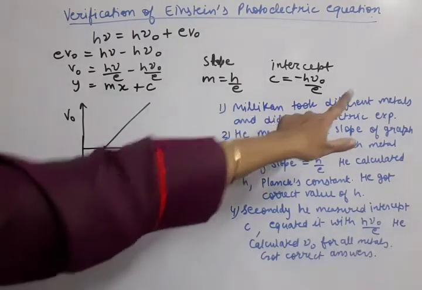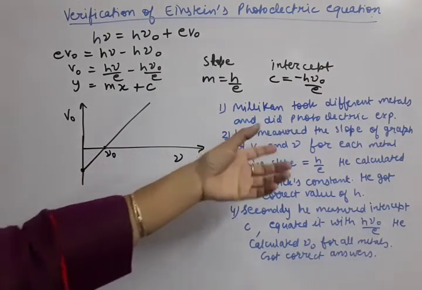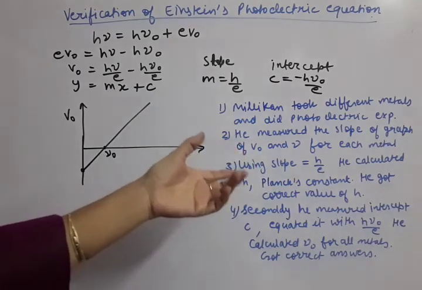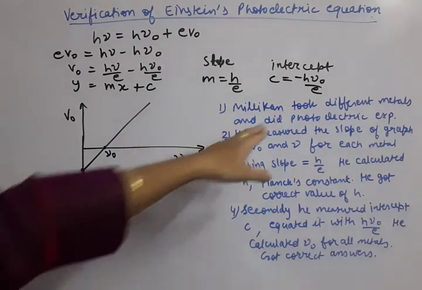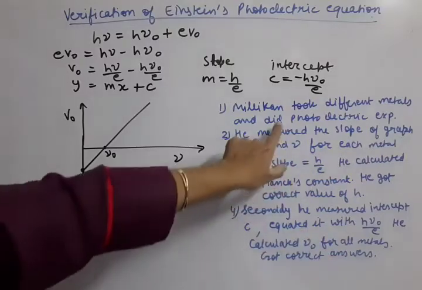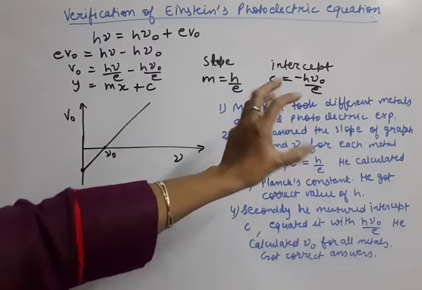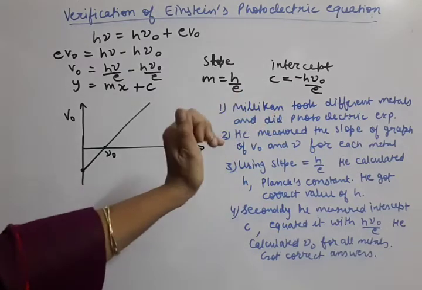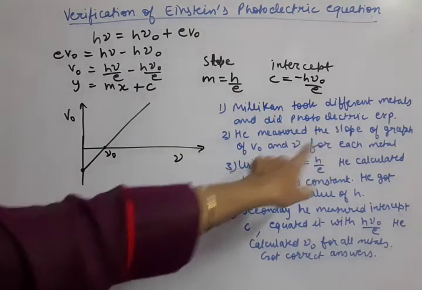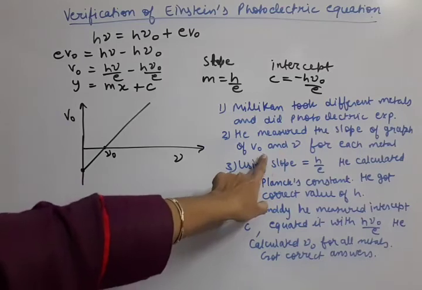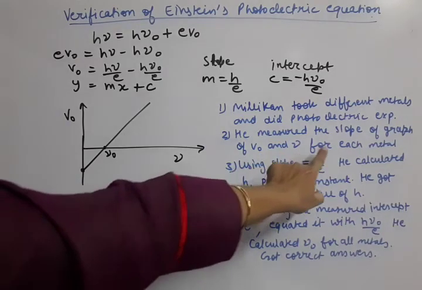Millikan took different types of metals, like sodium, zinc, aluminium, and did the photoelectric experiment on each metal. So he obtained some values for drawing the graph. He measured the slope of the graph for V0 and nu for each metal.